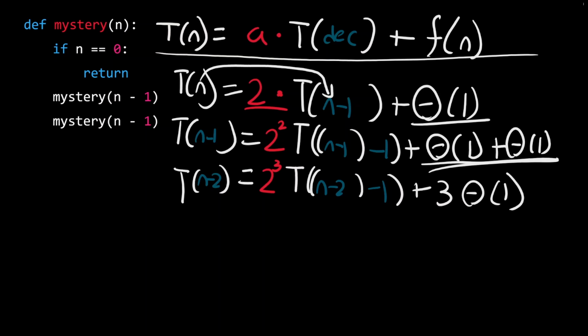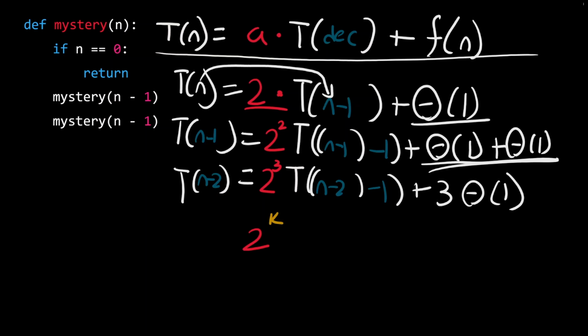And we're going to get a general form from this. We look at everything that's increasing. We see that this 2 is incrementing, so 2 to the k.